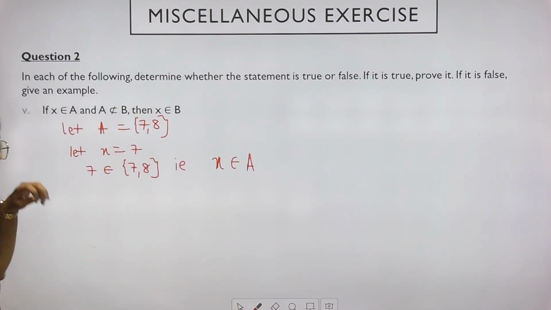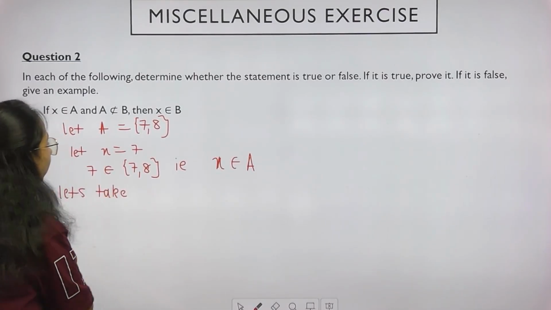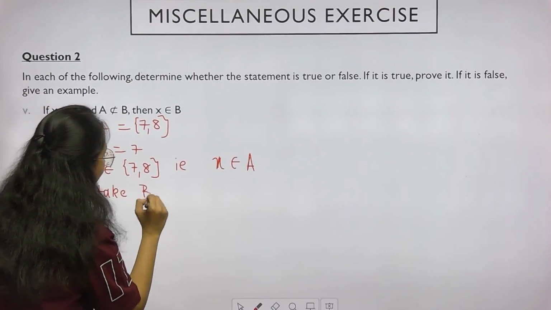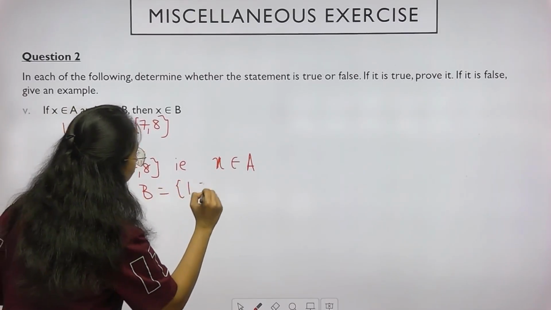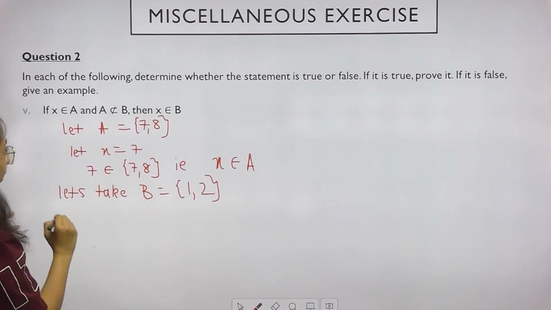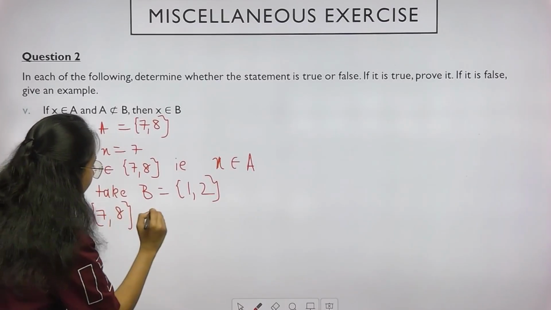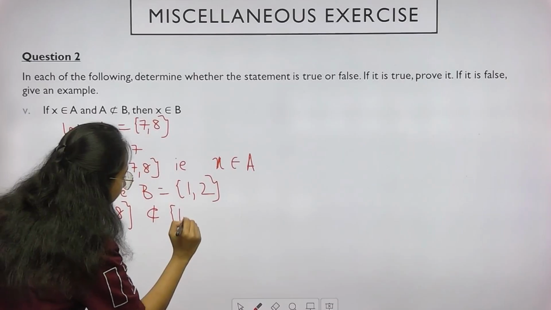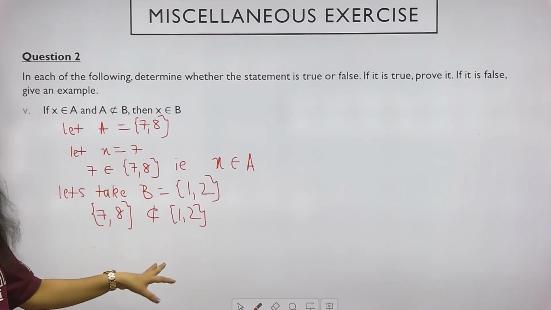Correct? Now let's take B as {1, 2}. Now clearly we can see that {7, 8} is not a subset of {1, 2}.